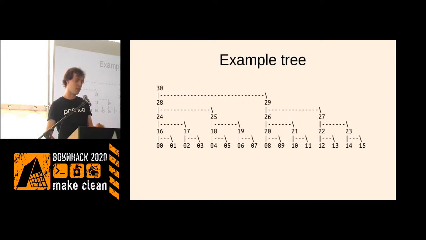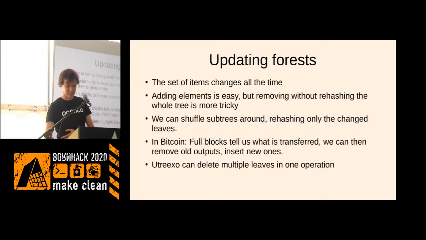If you have some hash, that will commit to every other. So this is what I hinted at earlier, that we're always changing the tree, because every block in Bitcoin will be changing that set, right? So how do we change the trees? We don't want to rehash everything, because that's a lot of data, and we can't rehash everything, because the point is that we don't store the whole tree.